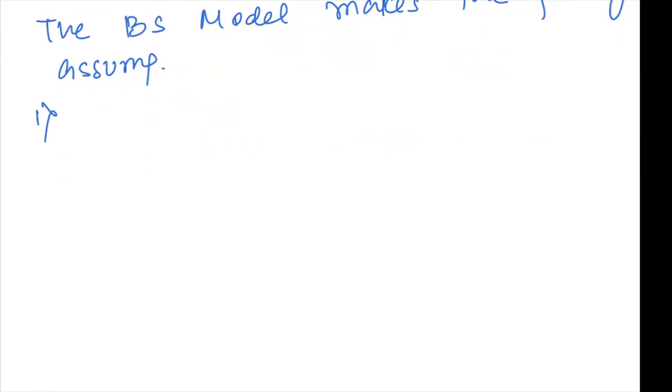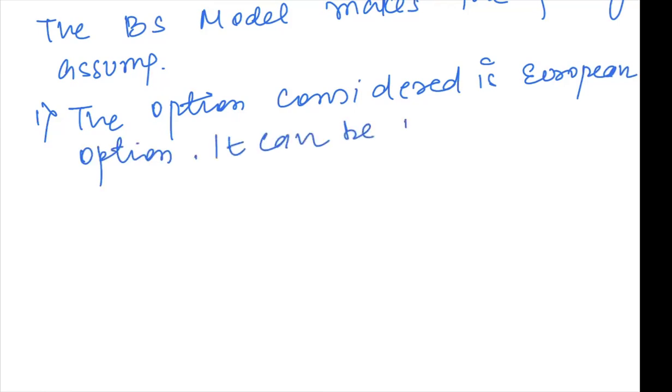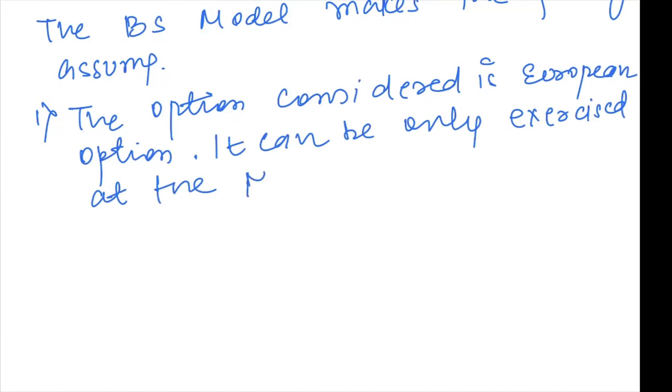First assumption is that the option considered is a European option, which means it can be exercised only at maturity, right? This is the first assumption, that the option contract considered is European.